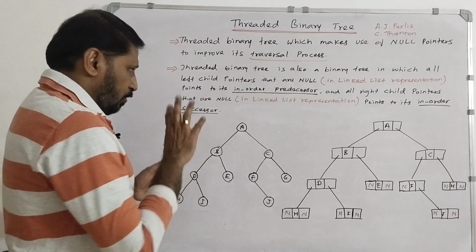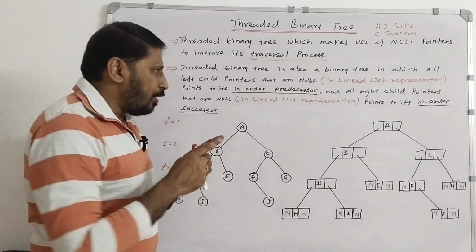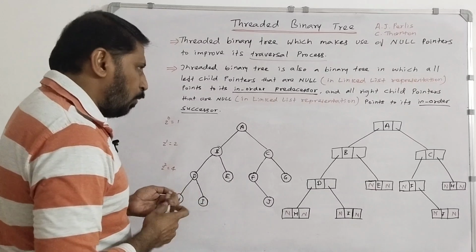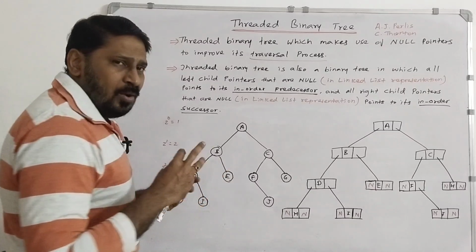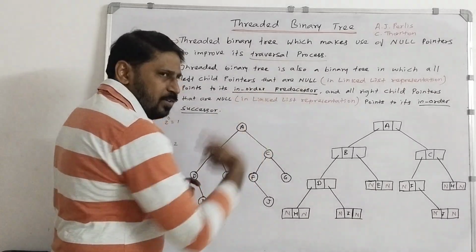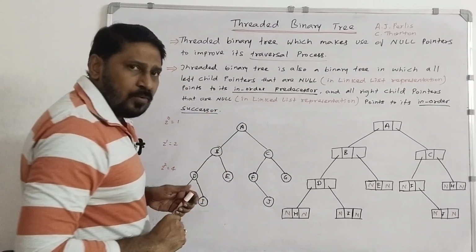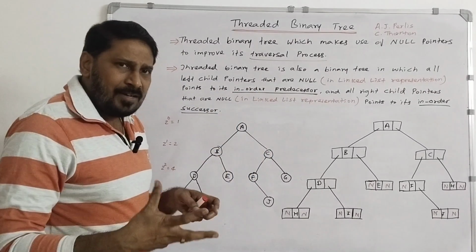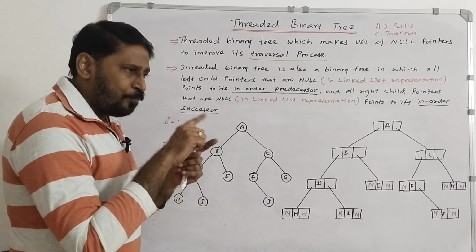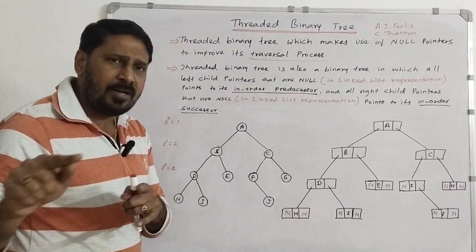Now I want to clarify what is in order predecessor and what is in order successor. Before going to that, what is in order? We already have an idea that there are three terms as far as the binary tree is concerned: in order, pre-order and post-order.